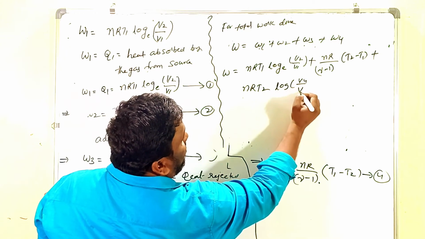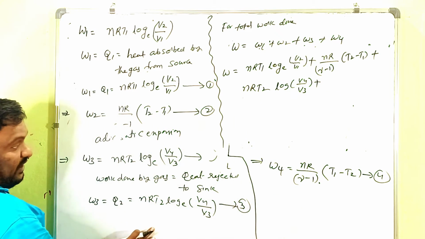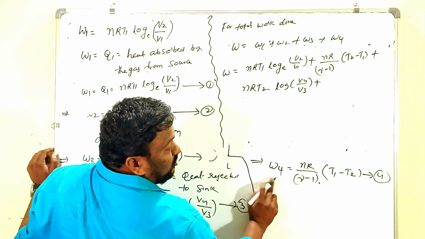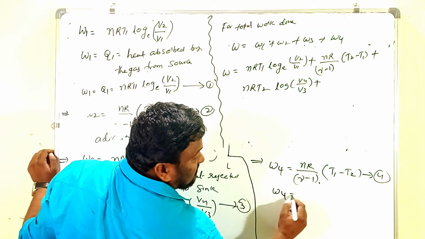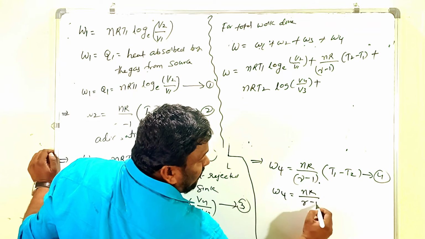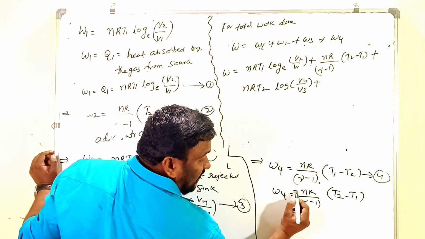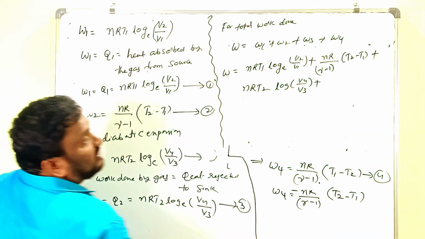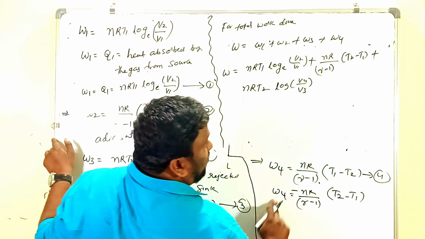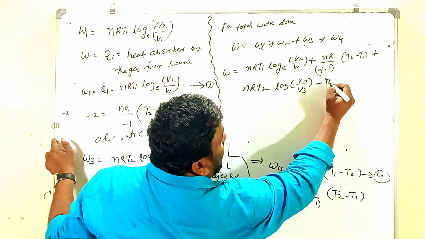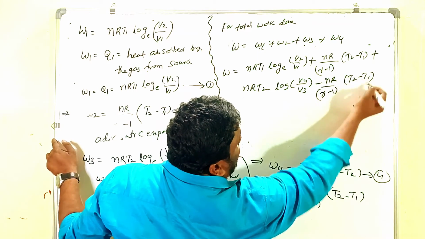V4 by V3, plus, now children, what is already there? W4 is nR by gamma minus 1 of T1 minus T2. The same equation can be written as minus of nR by gamma minus 1 of T2 minus T1.